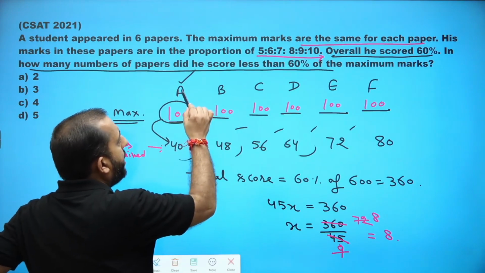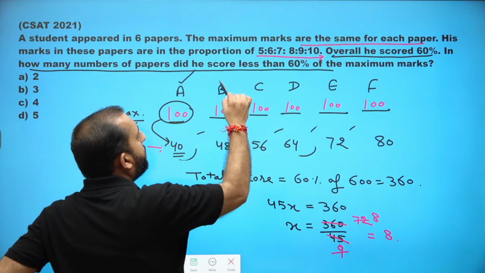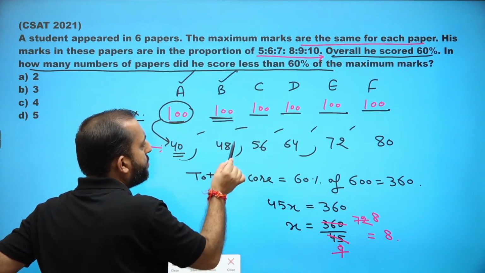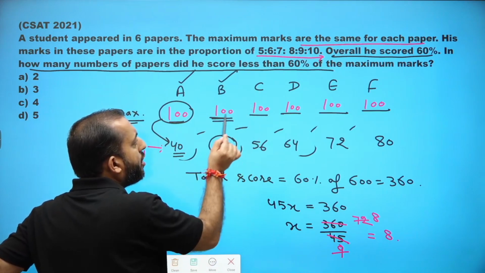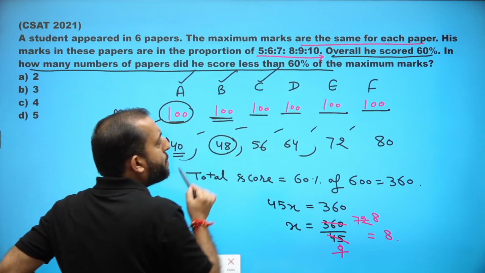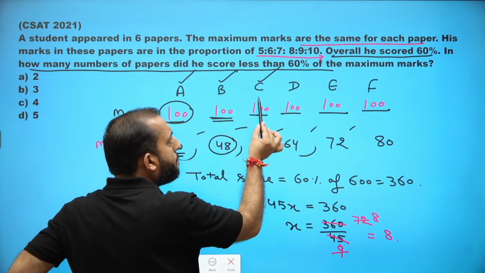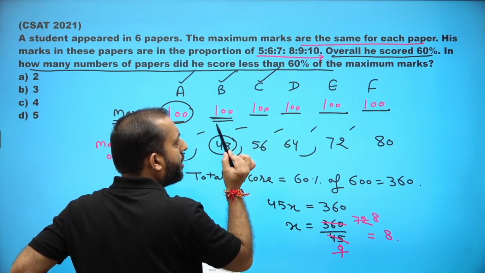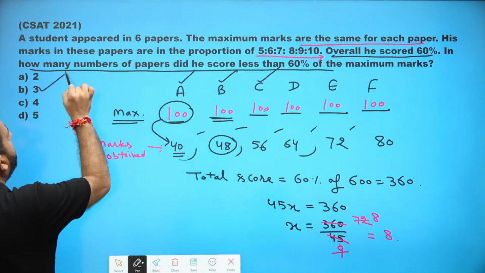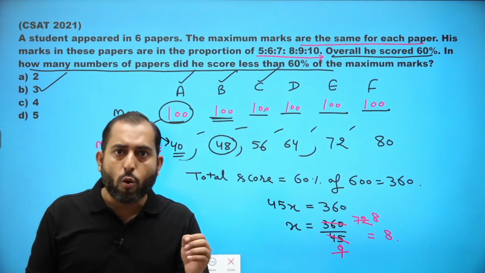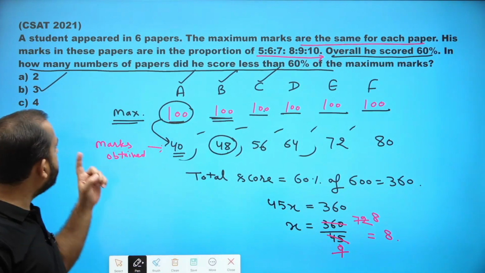So in paper A, his percentage is less than 60. In paper B, his percentage is less than 60 because over here he scored 48 out of 100. In paper C, his percentage is less than 60 because he scored 56 out of 100. So in 3 papers, his individual score was less than 60. Hence answer is option B here.